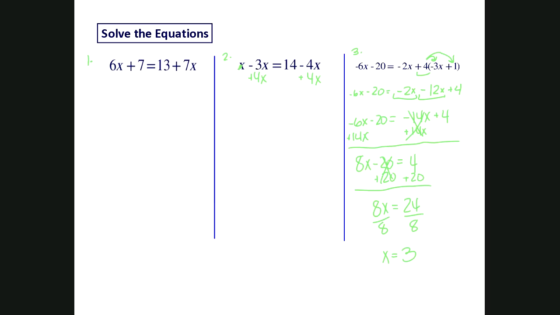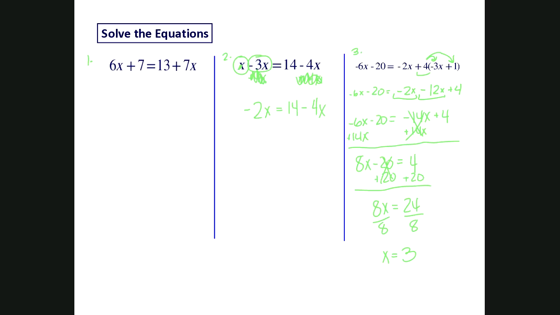Okay, so I'm crossing out. Right here we had an x and a minus 3x. So if we have 1x and we take 3 away, then we have negative 2x. This is equal to 14 minus 4x. So we did have some simplifying to do. I apologize.